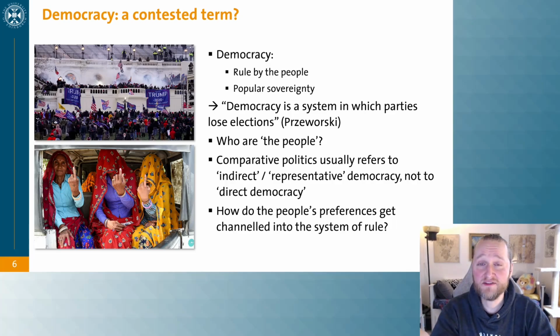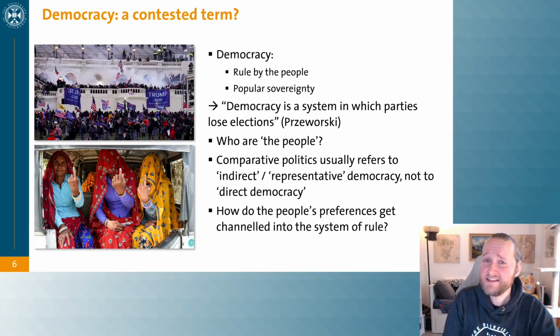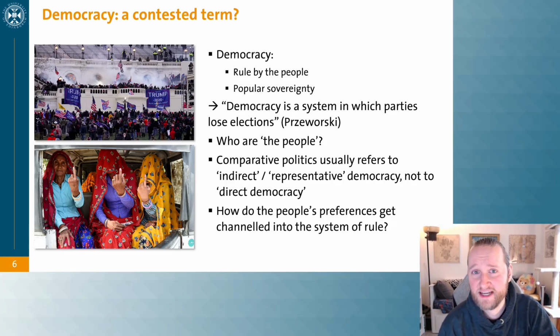And the second thing is, is it, for example, a better or worse democracy if it's indirect compared to when it's direct? So we're already arriving at some points where we are discussing nuances of the term. Essentially, what democracies thus have to contend with is how do the people's preferences get channeled into a system of rule?